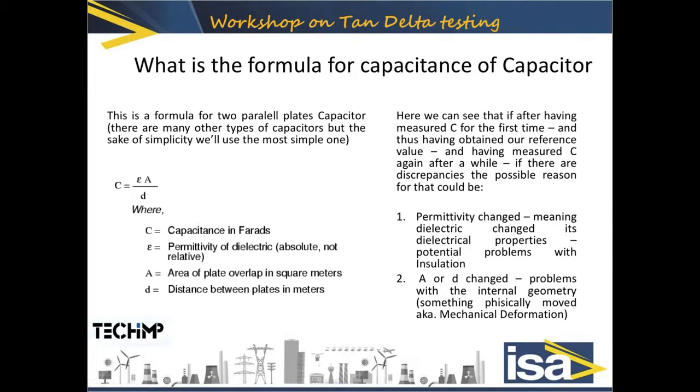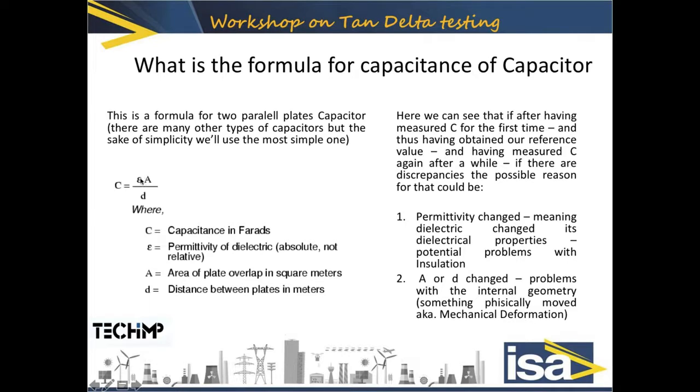So here we can see that if after having measured a certain capacitance for the first time, and thus having obtained our reference value, we measure capacitance after a while and there is a difference between the first measurement and the second measurement, we can say that some of these parameters have changed.